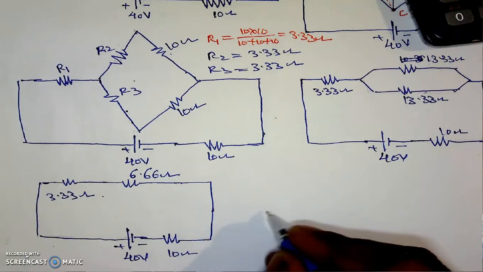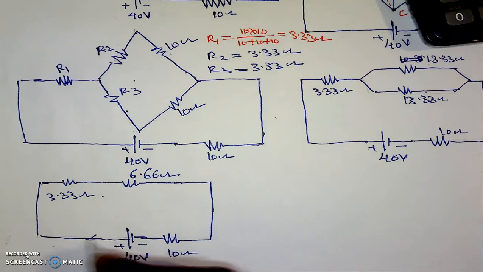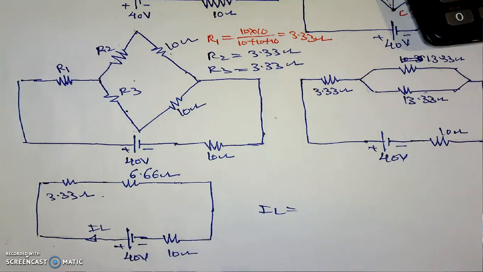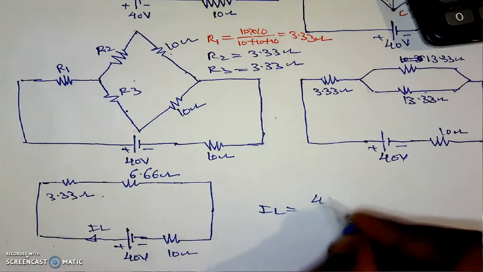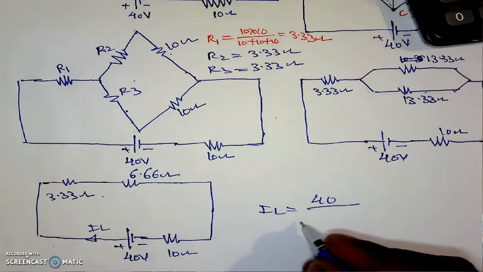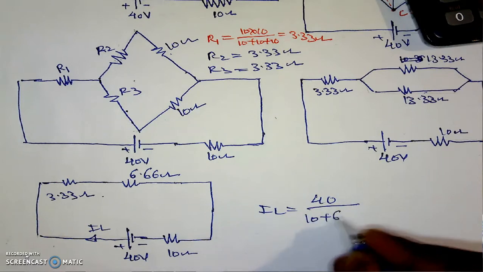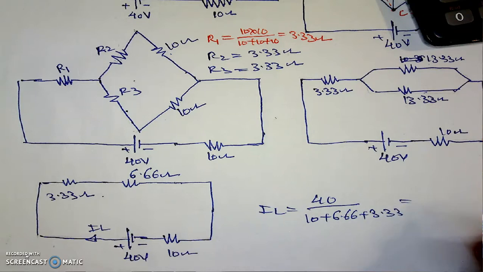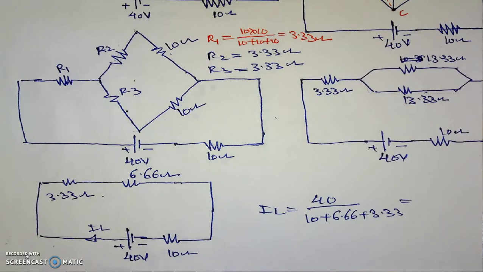Now here we are interested in the current from the battery, this IL. Our current from the battery, which is IL, is equal to total voltage, which is 40, divided by total resistance, which is 10 plus 6.66 plus 3.33. You can calculate its value, which is 40 divided by, in bracket, 10 plus 6.66 plus 3.33.